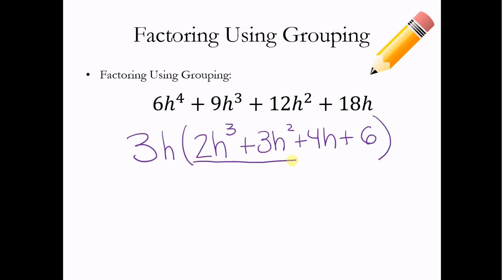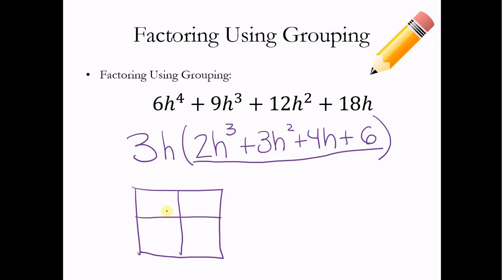So now I need to plug this into the box to get that to factor down. So I got 2h to the third, 3h squared, 4h, and 6. It looks like 2 and 3 don't share a common number.